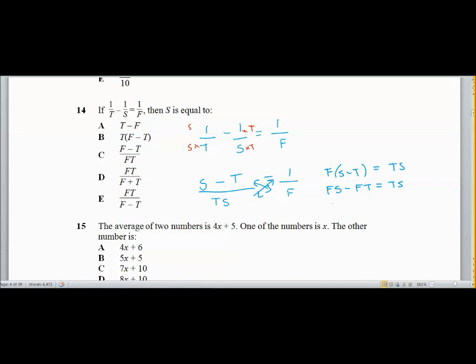Let's get the s's on one side. So we've got Fs minus Ts is equal to Ft. And we'll take out s as a common factor. So we've got s outside of f minus t is equal to Ft. So we should have something that looks like Ft over f minus t. Do we have that? Yes, we do. So the answer is E.